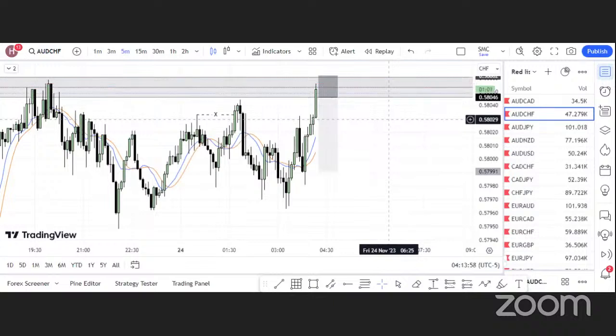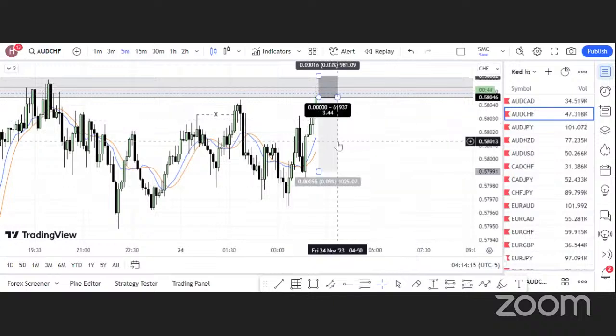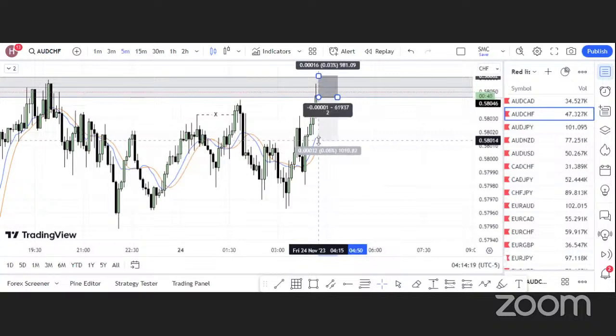Less than a minute now to the close of this current candle, and hopefully it closes below with a big rejection. Once that happens, we are going to be selling immediately. I'll take profit here, and stop loss right there.